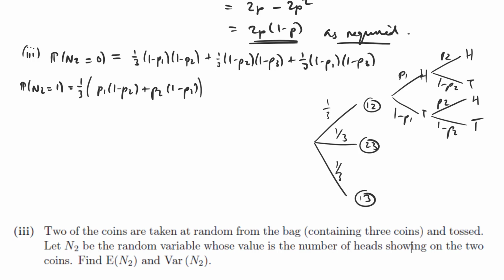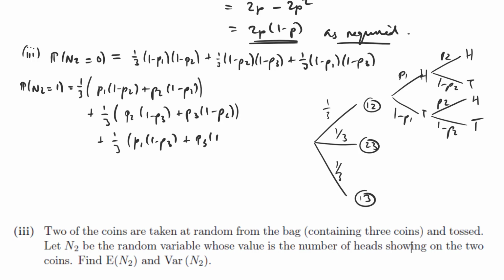That's one possibility, or I could have the same with coins p2 and p3, or the same with coins p1 and p3. So I've got this slightly complicated looking probability here.